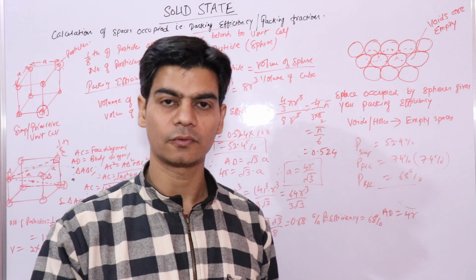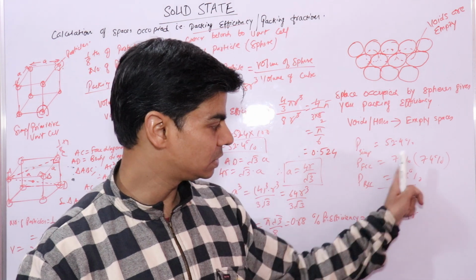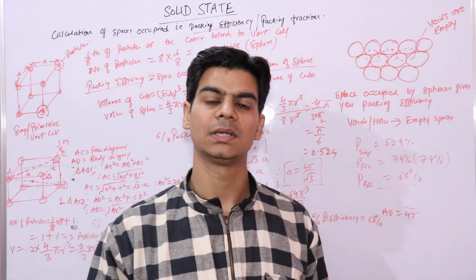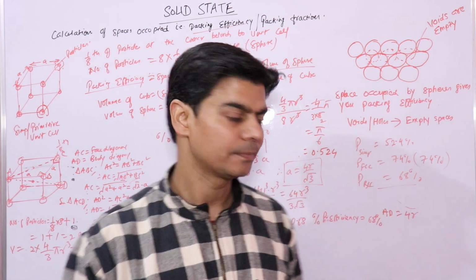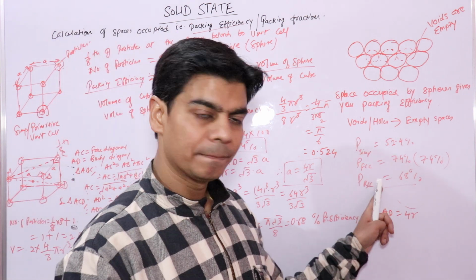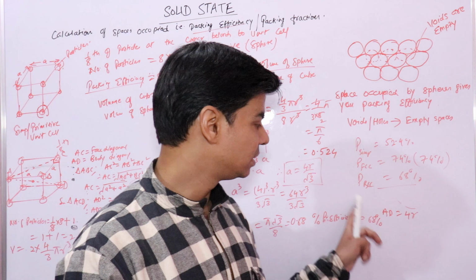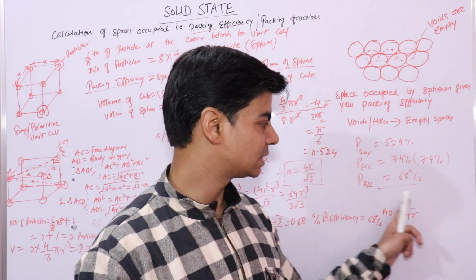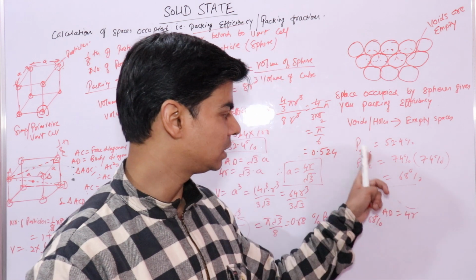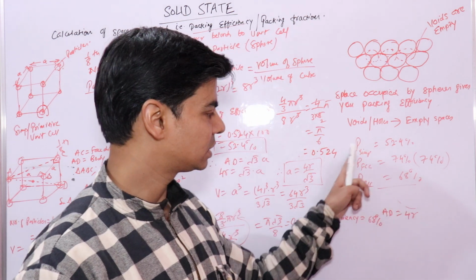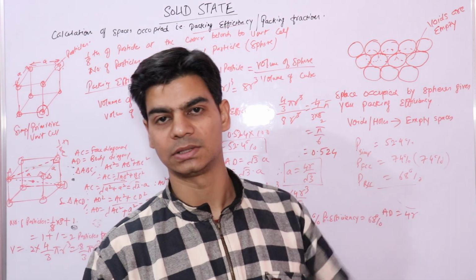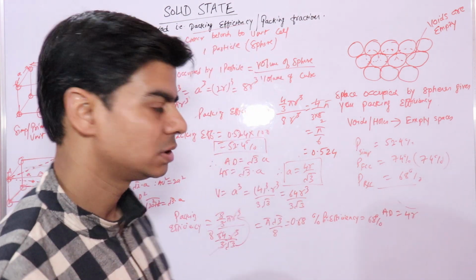That is why they are soft metals, because packing efficiency is less, we have more open space. More open space means these are less dense, right? So that is why solids that crystallize in BCC structure have less packing efficiency, so they are soft metals. Whereas solids that crystallize in face centered cubic have high packing efficiency, so they are more dense, right? I hope all this is clear. Thanks.